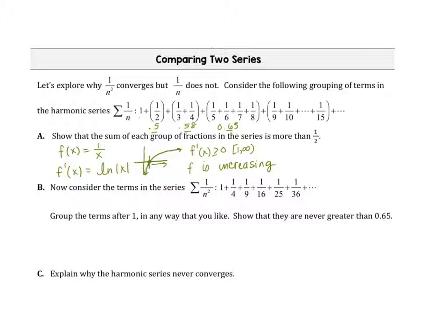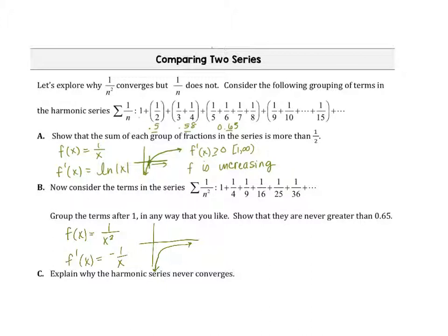diverging. Now for the other, we can look at that one, and look at what's going on here with 1 over n squared. Let's just compare that to the function f of x equals 1 over x squared. And so if we look at f prime of x, that's going to be negative 2 over x cubed, which is going to be decreasing. If we look over on this other side, the negative is going to flip stuff over, so we're going to have everything doing like the negatives over here.